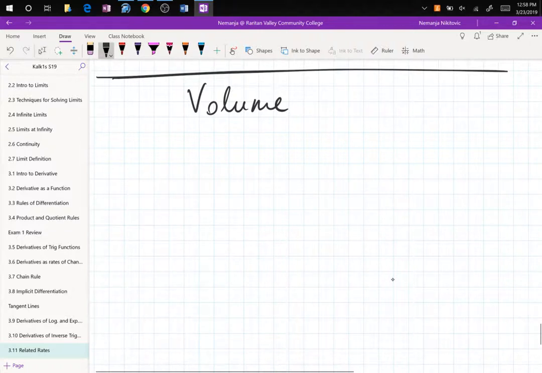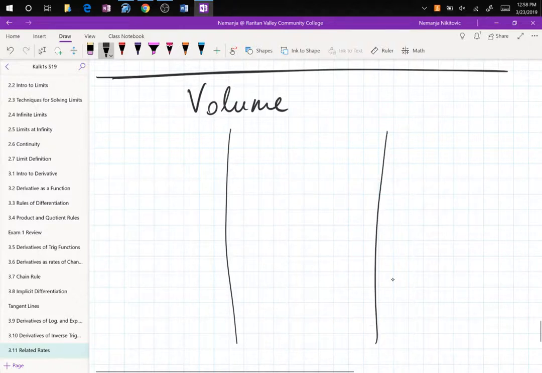We have 3 groups of objects that we worry about for volume. The first group would contain a cylinder and a box or a cube, stuff like that.